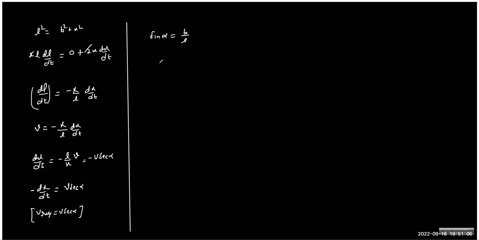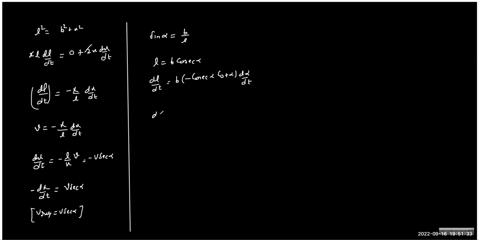B by L. That's better. So L equals B cosec alpha. So dL by dt equals B into minus cosec alpha into cot alpha into d alpha by dt. This is the formula, right? I hope you remember this formula.